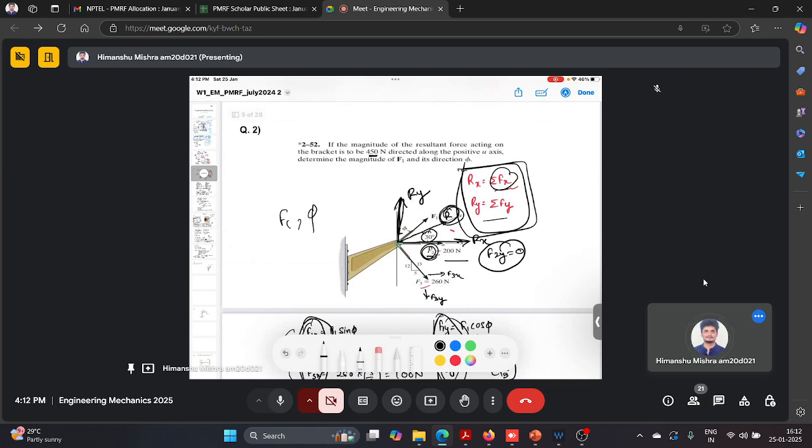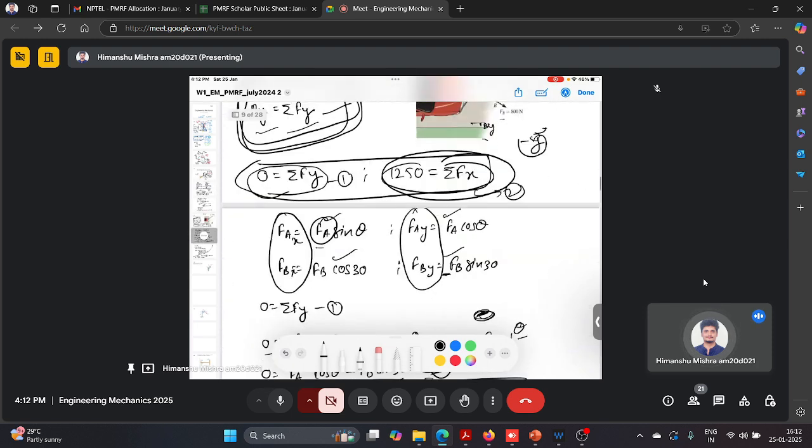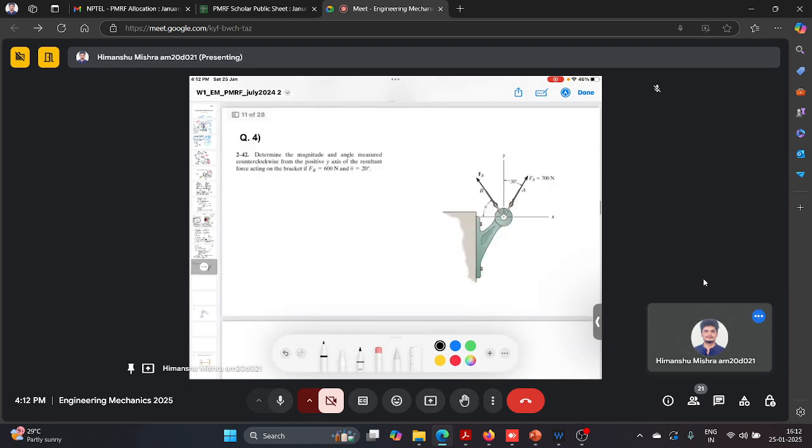But now in this question we are given all external forces, Fa and Fb, and we just need to calculate the resultant force, its magnitude and angle. Fa is 700 Newton and Fb is 600 Newton.